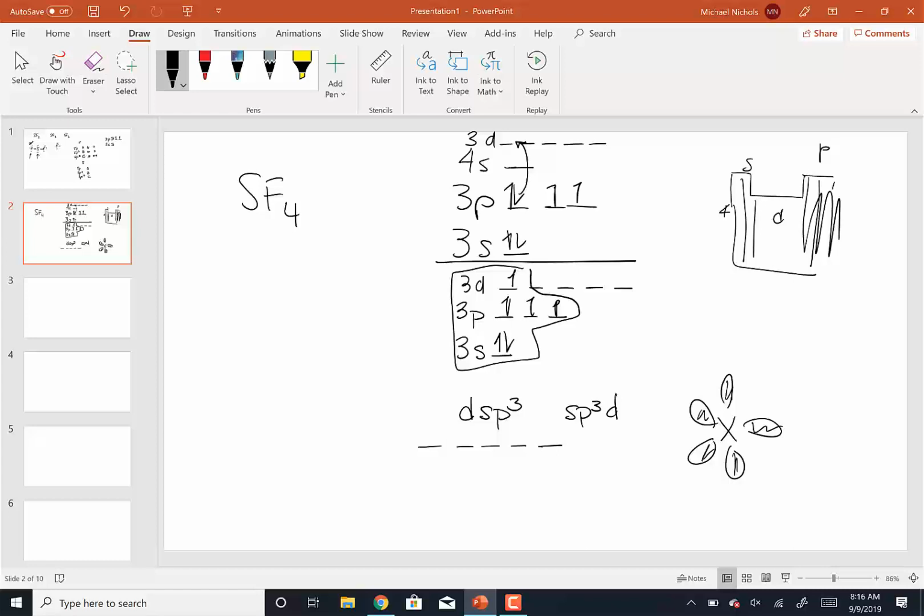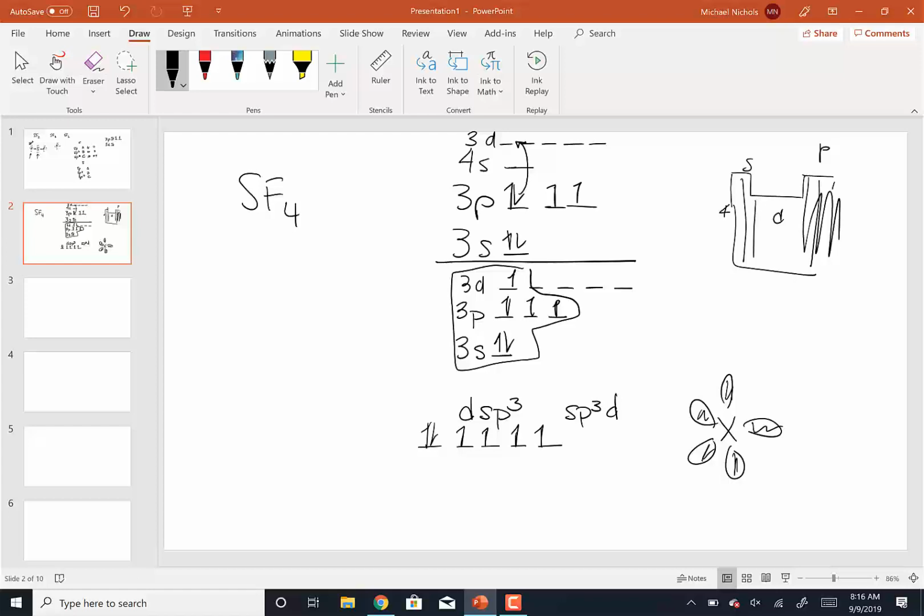And so then the question now becomes, okay, for the sulfur, let's go ahead and put our electrons into those orbitals. So what am I going to have? I'm going to have a pair and then 4 unpaired. So I'm going to have a pair here, 1, 2, 3, 4 unpaired.